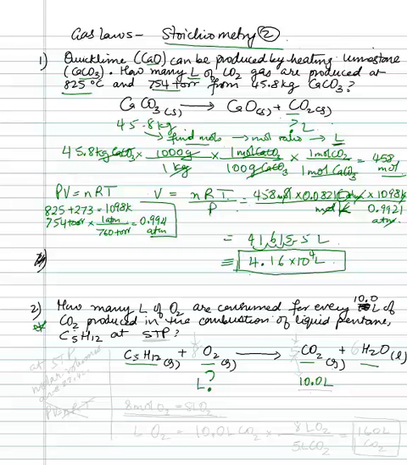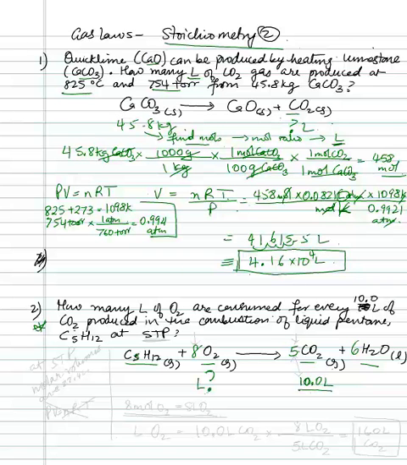The first thing for any stoichiometric problem is to balance the equation. Here we have 5 carbons, so we put 5 here, then 6 for hydrogen, and then 8 oxygen. So our question is, how many liters of oxygen are consumed from 10 liters of carbon dioxide?